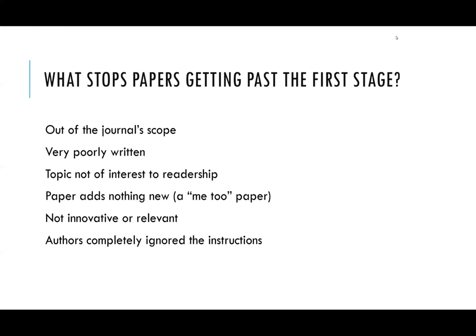And they're clearly out of the scope of our particular journal. If a paper is very poorly written and we can't work out what the authors are saying, then clearly it goes no further. And so it's going to be desk rejected. So as editor-in-chief, I'm going to reject that paper straight up.